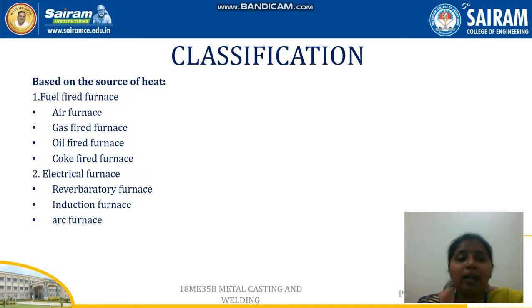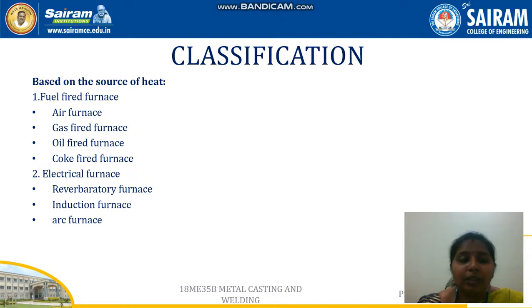The heat is supplied to the furnace through any one of these, either with the help of air, gas, coke or oil. The next one is the electrical furnace. The types are the reverberatory furnace, induction furnace and arc furnace. By producing an arc they generate the heat, and the same with the help of induction.